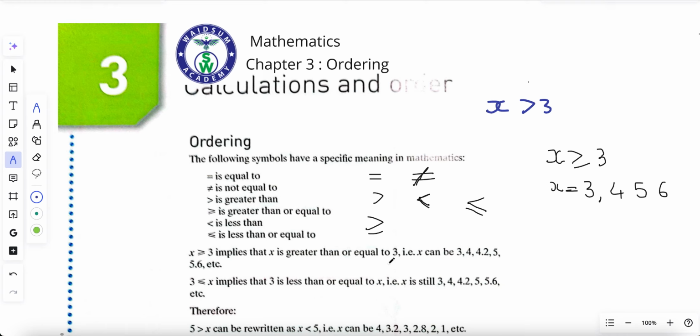Sometimes it includes decimals. It could be 3.5, 4.2, 4.5. Any number greater than 3 is acceptable in this regard.